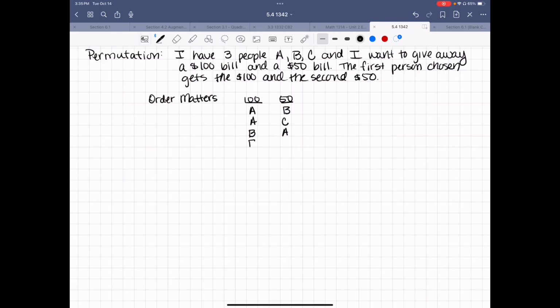B could get the 100 and C could get the 50. C could get the 100 and A could get the 50. Or C could get the 100 and B could get the 50. Okay? So order matters. In this case, since order matters, it's a permutation, and we use nPr. Well, n is 3.